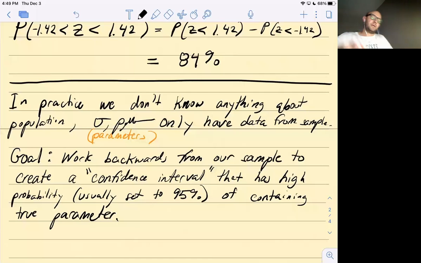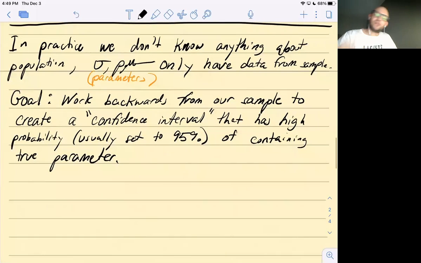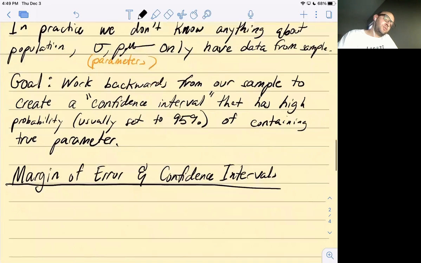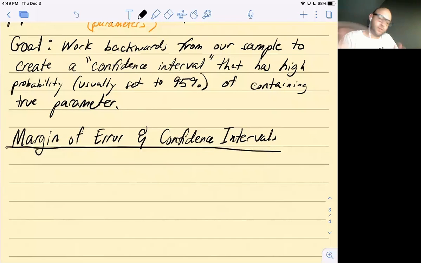So how do we do that? Let's assume something for now. This is about the margin of error and confidence intervals. For today, we're going to assume that we somehow have access to sigma, and next week we'll talk about how to deal with that.